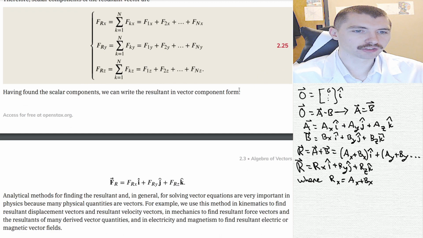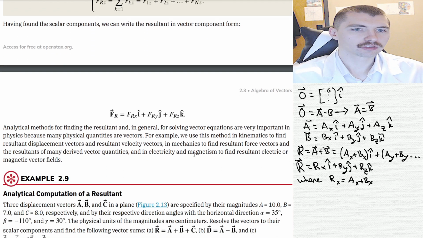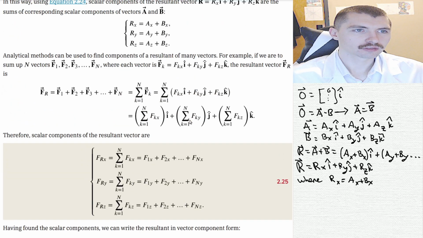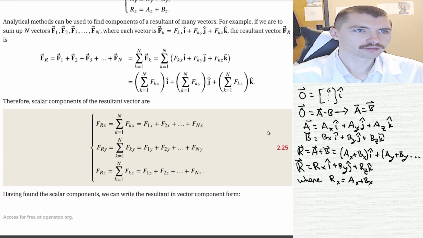The resultant vector F magnitude, so we have k vectors.